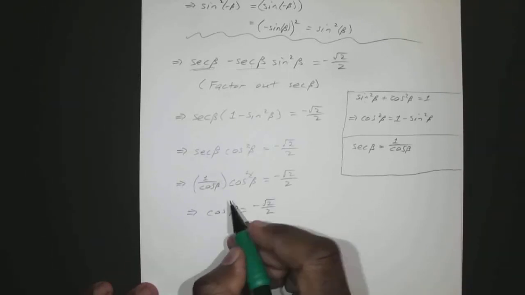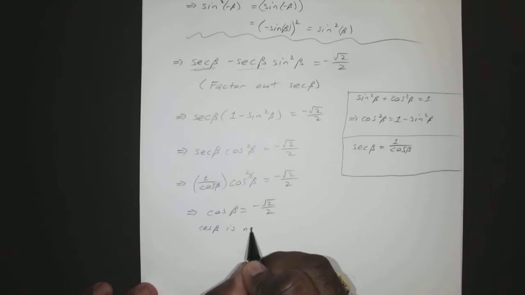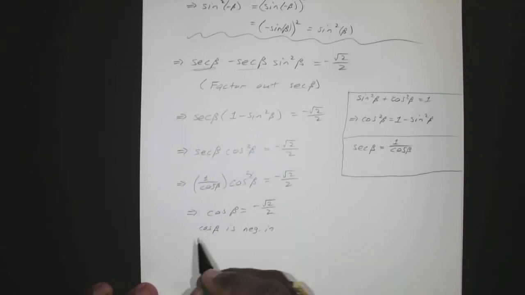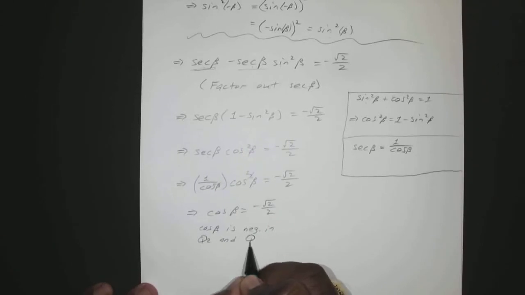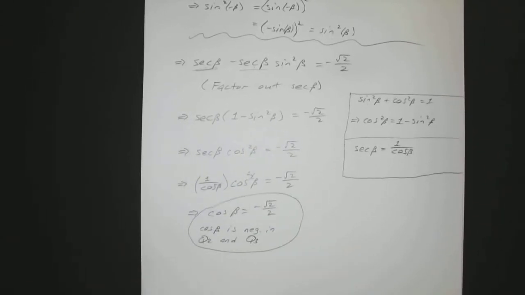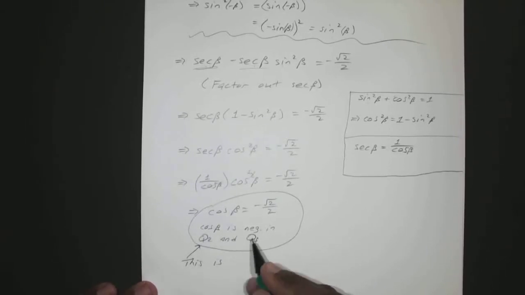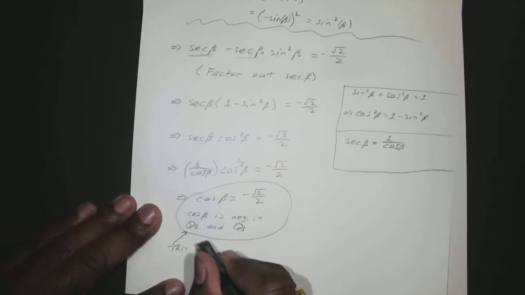Okay, so we know that cosine of beta is negative in quadrant 2 and quadrant 3. I'll just go ahead and write out the whole thing.